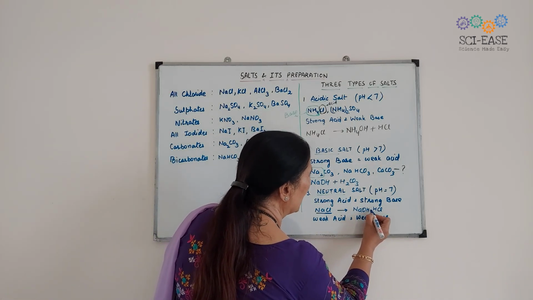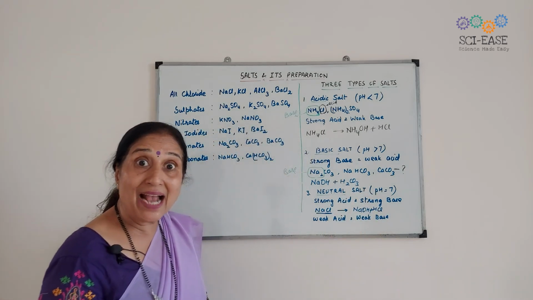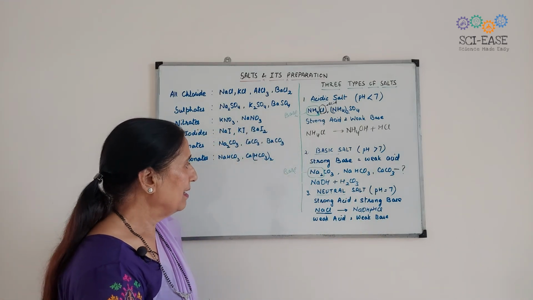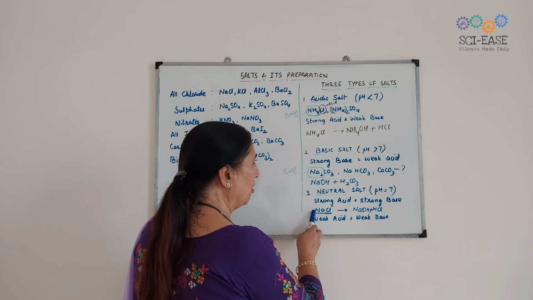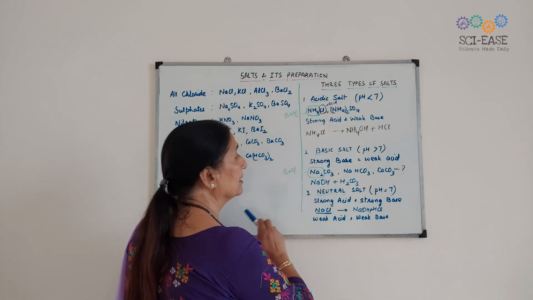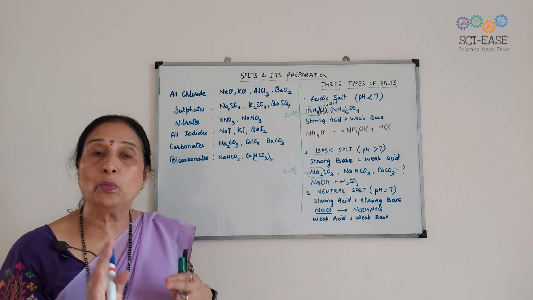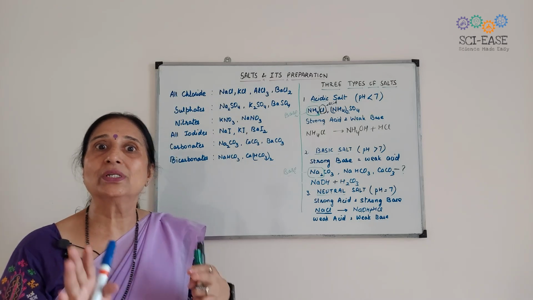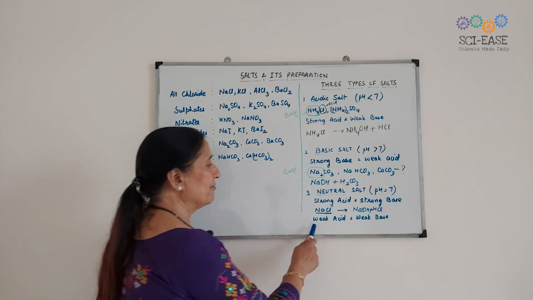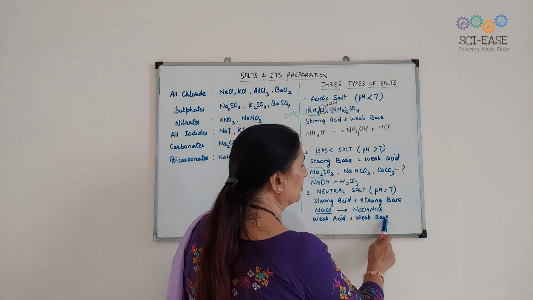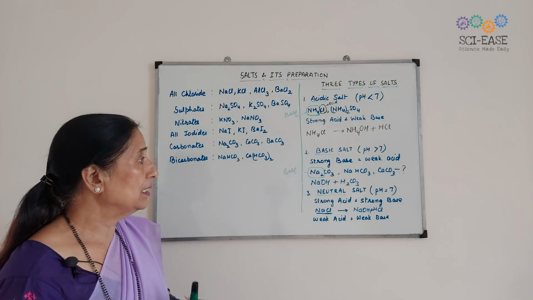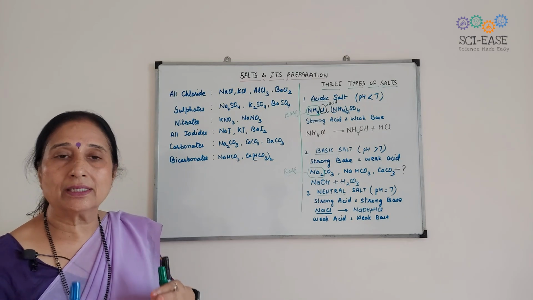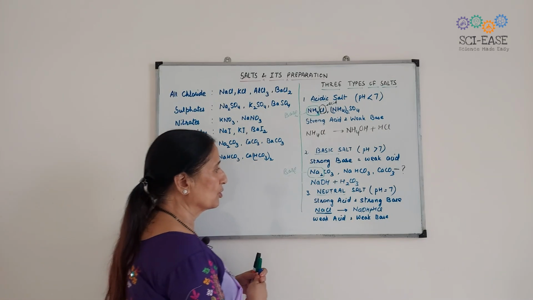So when sodium hydroxide reacts with HCl, this will result in the formation of sodium chloride, which is a neutral salt. In the same way, when a weak acid reacts with a weak base, this will also result in a neutral salt.